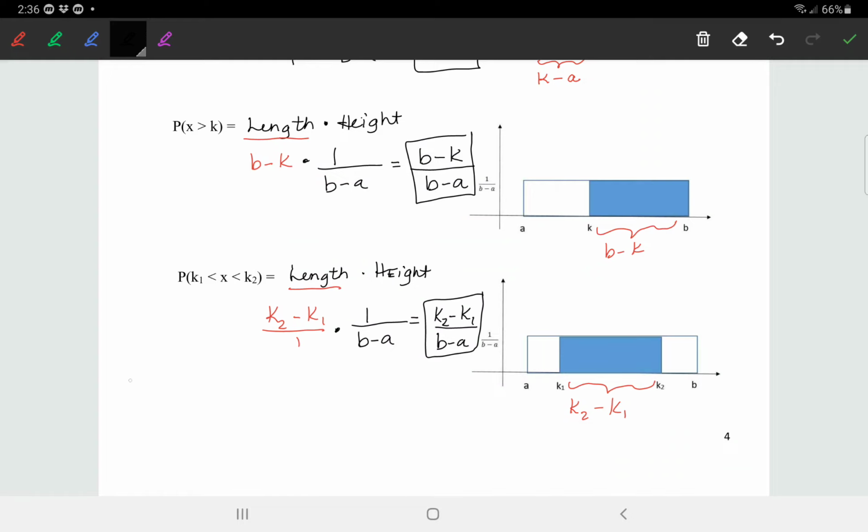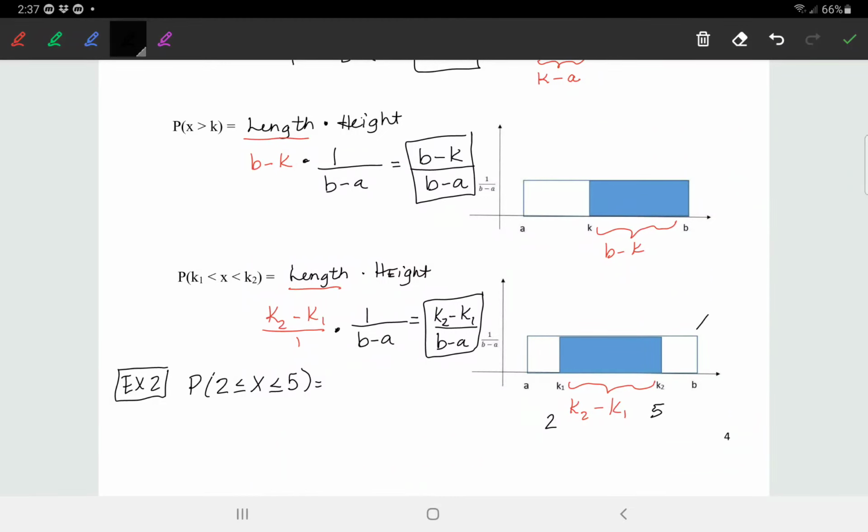So let's go back to example 2 that we had worked with. We had said the shaded area there was the probability that x went in between 2 and 5. Okay. So the probability in between, I'll just mark this one up. So we'll say k1 is 2 and k2 is 5.